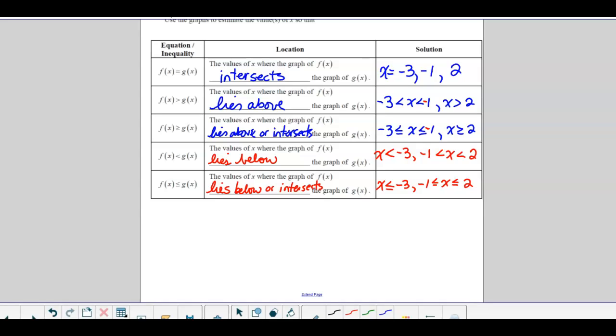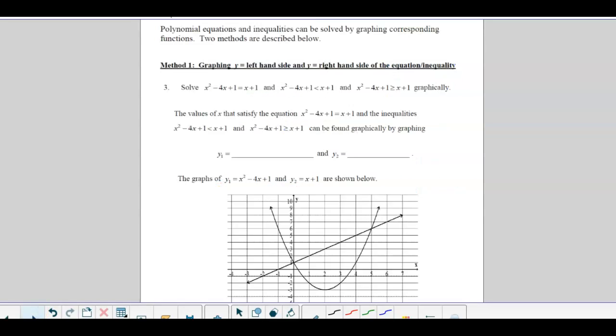Okay, so now we're going through the two methods to help you solve equations and inequalities. Polynomial equations and inequalities can be solved by graphing corresponding functions. Two methods. So method one is you're graphing the left-hand side and the right-hand side. So that would be like the graph that we just did. It was graphed for you. So you'd have two.